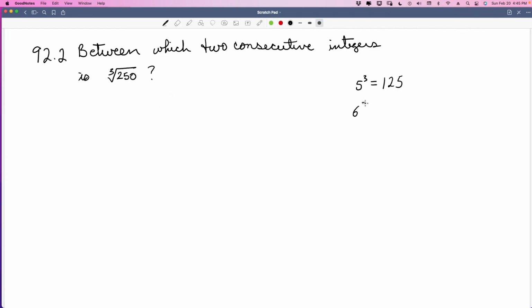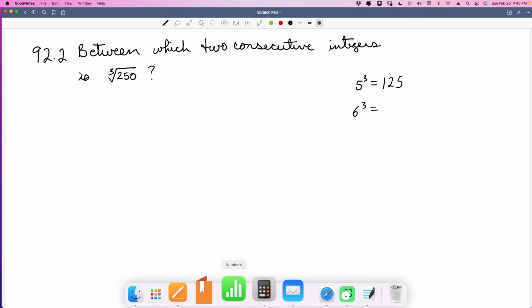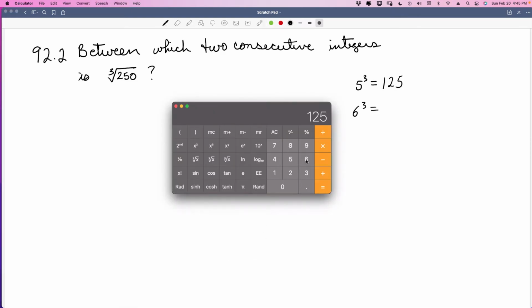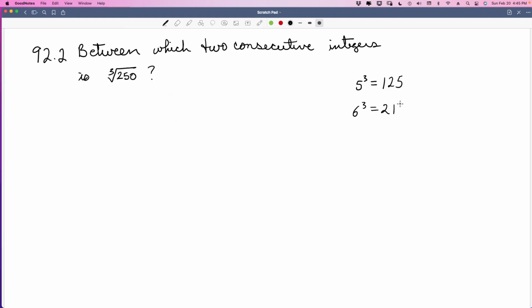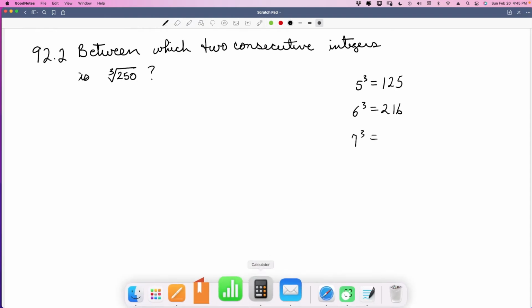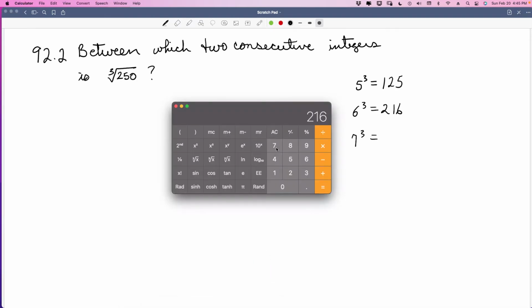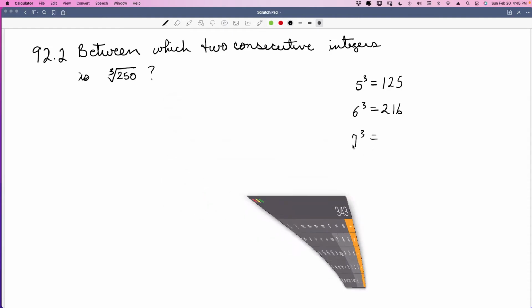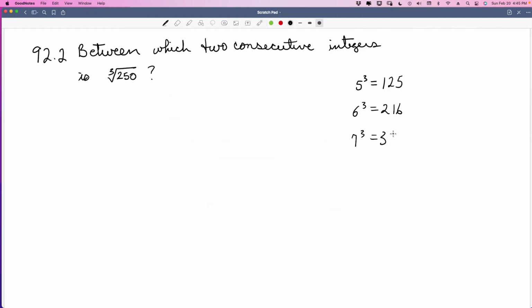So 6 cubed would be, let's pull that back up, 6 cubed is 216. We're getting closer. 7 cubed would be, let's put that in, 7 cubed is 343. So it is going to come between the 6 and the 7.